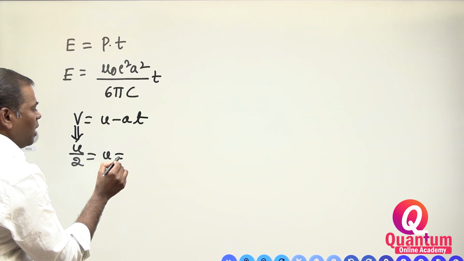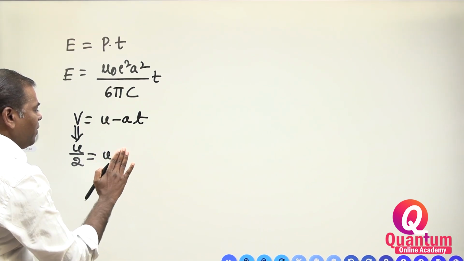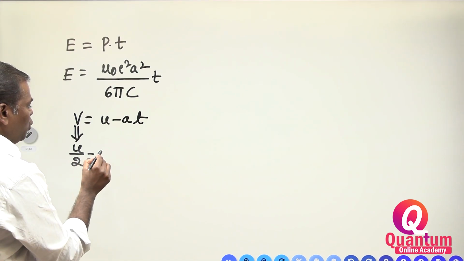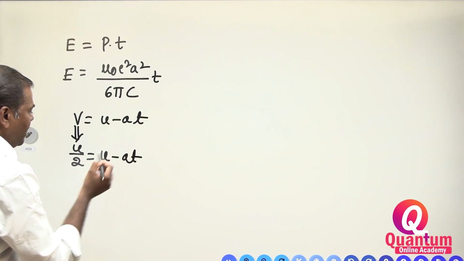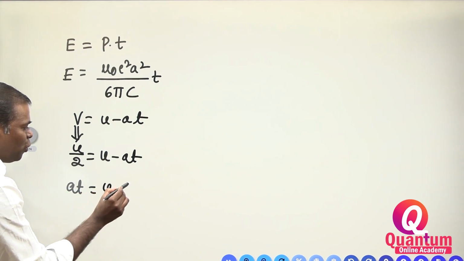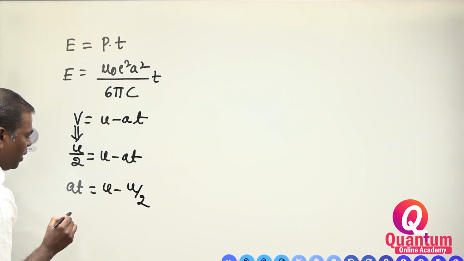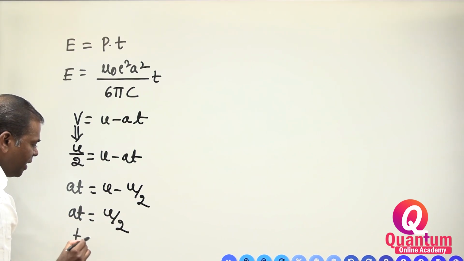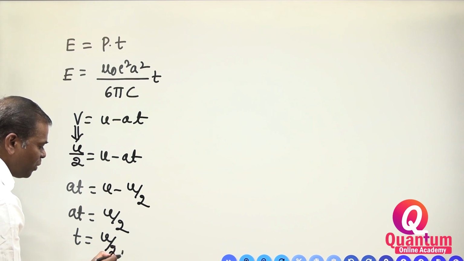So u by 2 is equal to u minus at. Therefore, at is equal to u minus u by 2, at is equal to u by 2, t is equal to u by 2a.